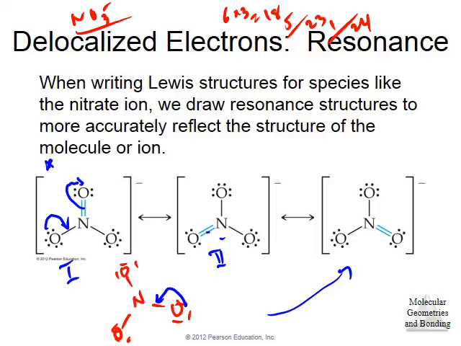So nitrogen gets a share of 4 electrons in this bonding pattern, but the valence electrons of nitrogen, if you look at the periodic table, is 5. So out of 5 valence electrons, it now has 4. That means it's lost 1 in this sharing of electrons.